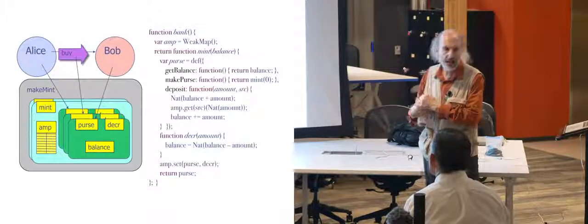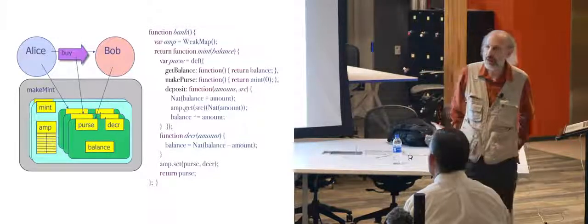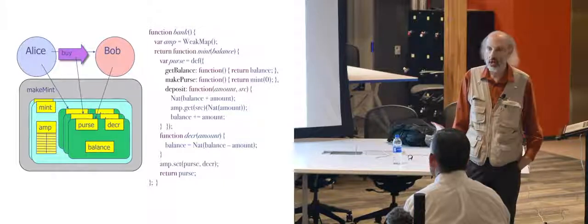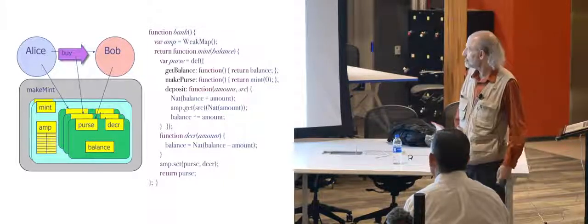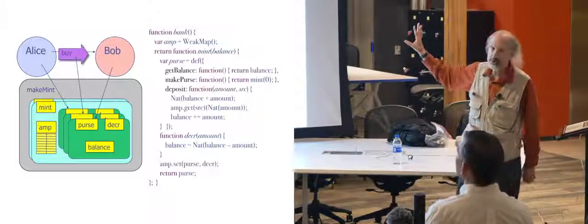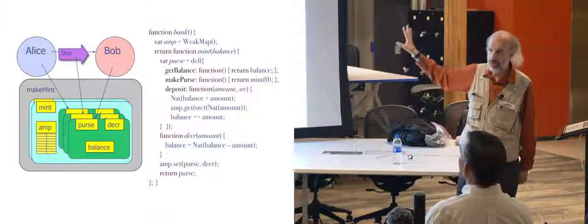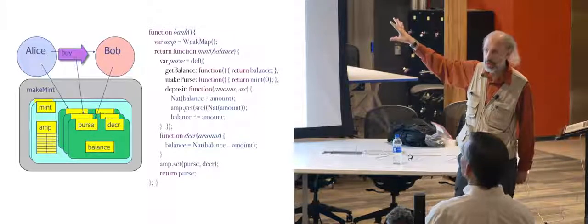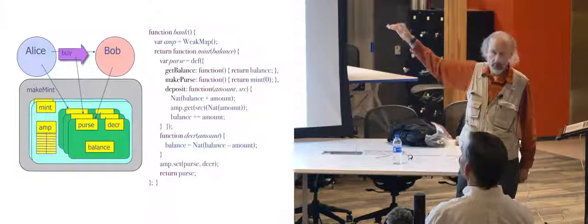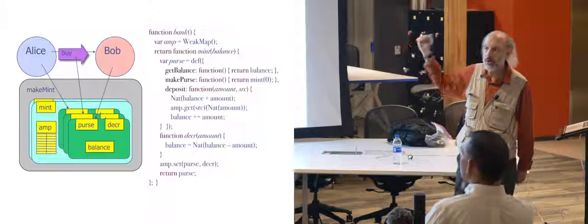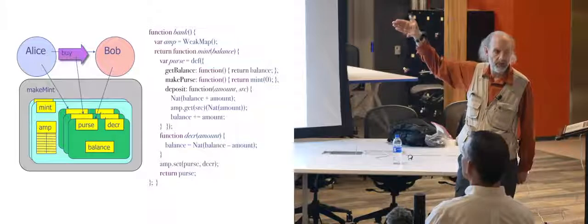So this is the age-old mint maker example that's been repeated in the object capability community now for at least 20 years. And the beautiful thing about this example with regard to the taxonomy you just saw is that this is all of the code needed to build rights that have all of the attributes we saw in the right-hand column out of object capabilities that have the attributes in the left-hand column.